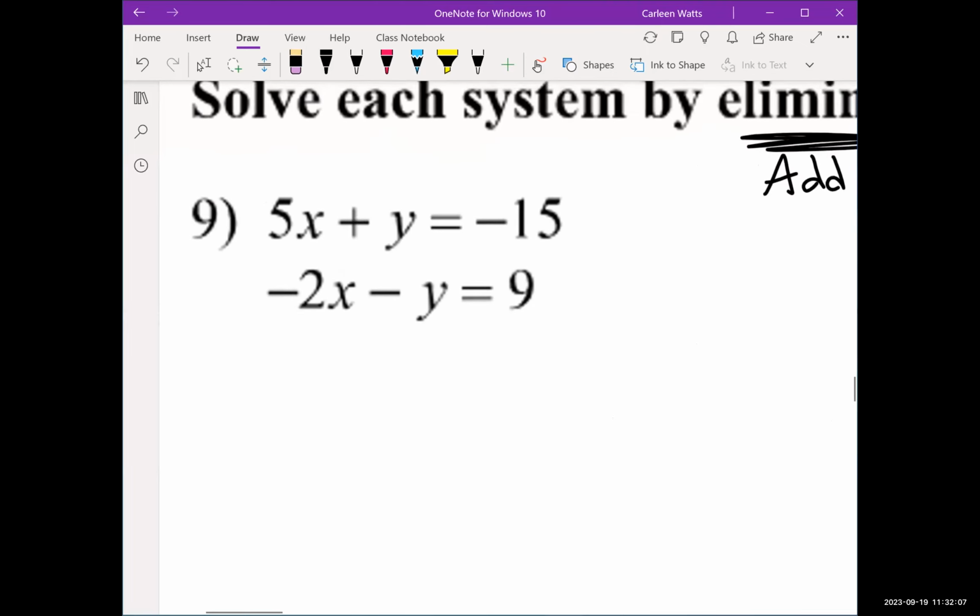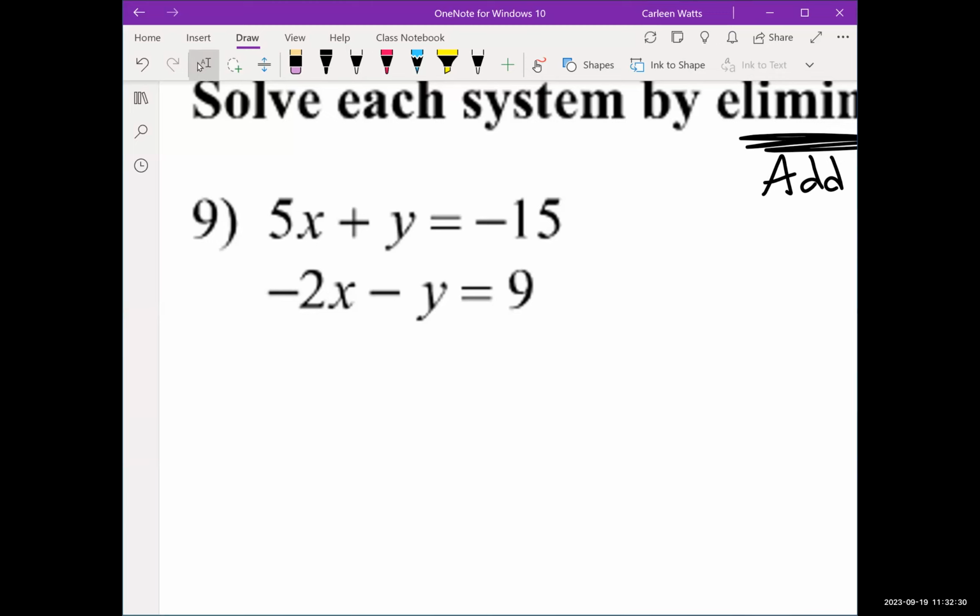Okay, notice I want to go from 2 variables to 1 variable. So I'm going to pick which variable looks easiest to cancel when I add down. So you're going to either pick the X or the Y. Give you a hint.